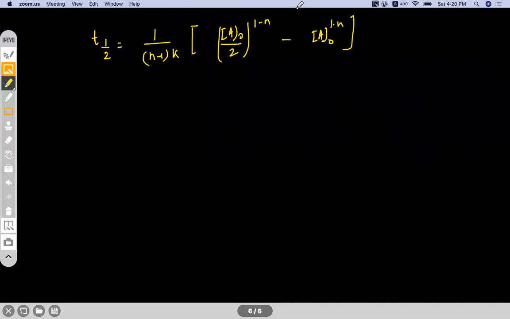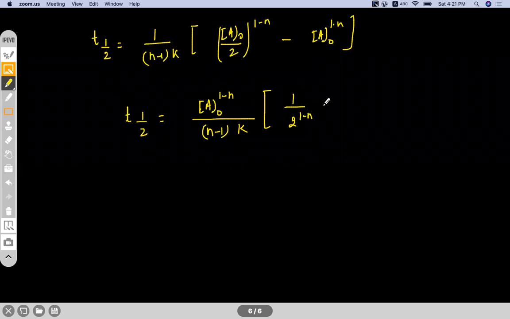Take care of the signs, plus minus sign and all. So when you solve this, you will get t half is equal to A naught to the power 1 minus n divided by n minus 1 into k, open bracket, 1 by 2 to the power 1 minus n, minus 1. This is the expression we have.